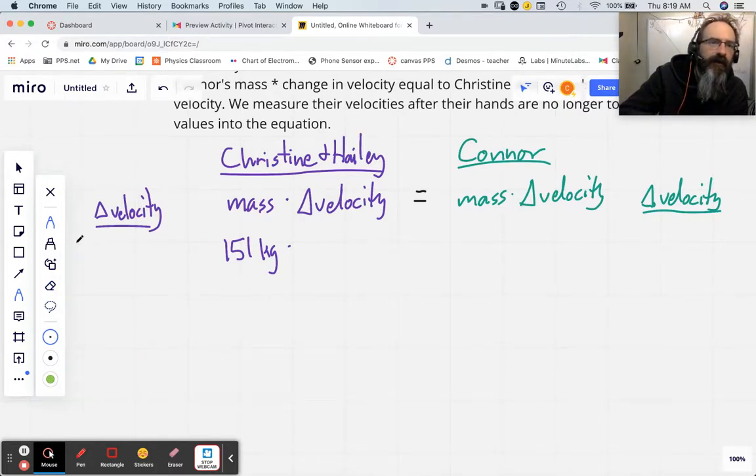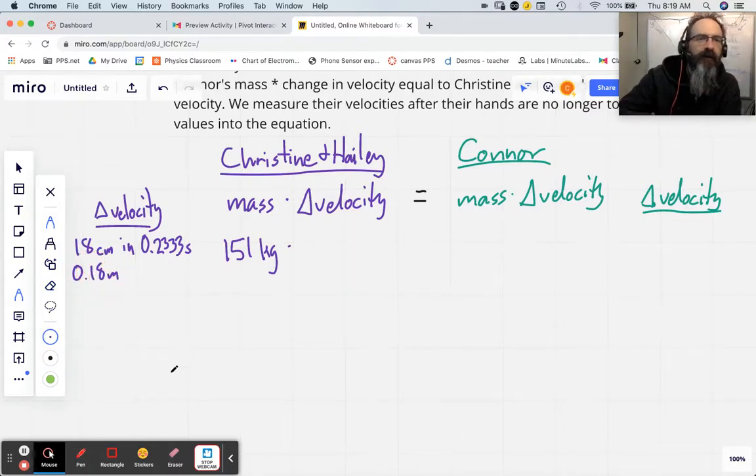Now, that was 18 centimeters in 0.2333 seconds. Now, I really want this in meters, so it's really 0.18 meters.